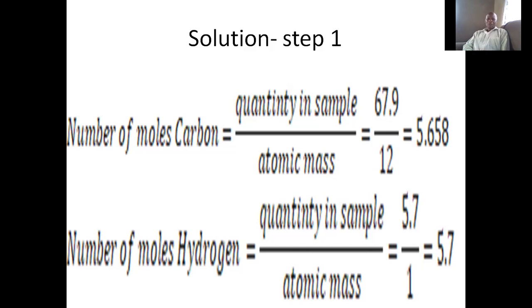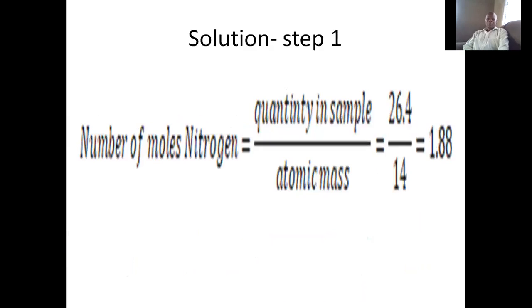That is for hydrogen. The next element is nitrogen, which has 26.4 grams when we change the percentage, divided by 14 grams per mole for the relative atomic mass of nitrogen, which gives us 1.88 moles.